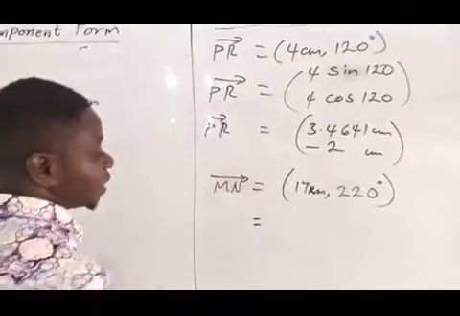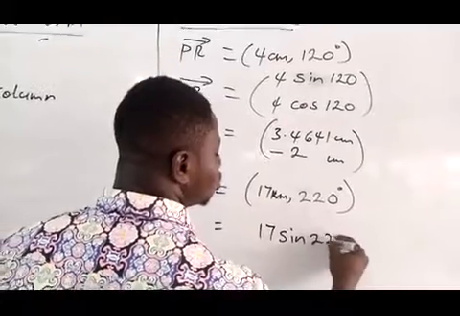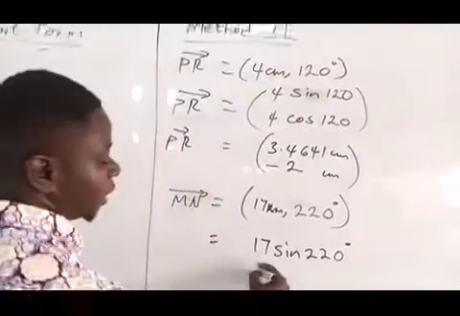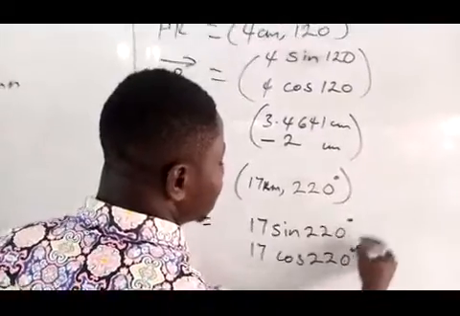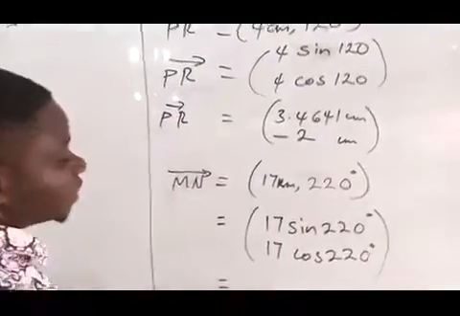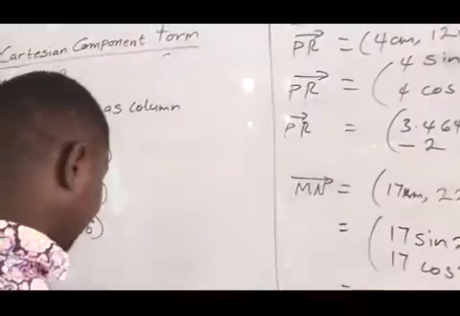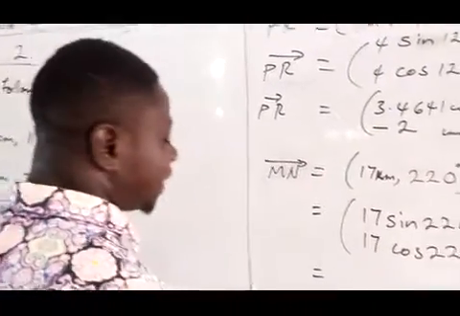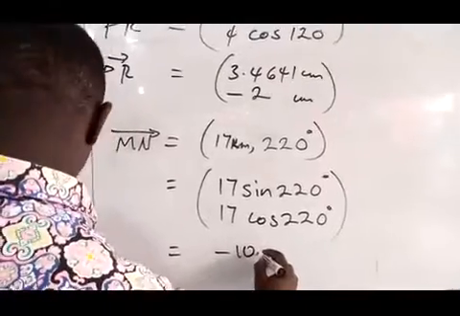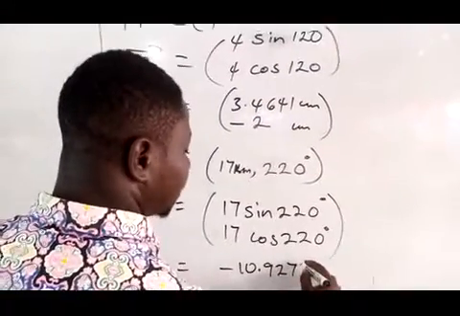Now in this case, we have 17 sine 220 degrees and then 17 cos 220 degrees. Now 17 sine 220, when we punch it on the calculator, is given as minus 10.9273.